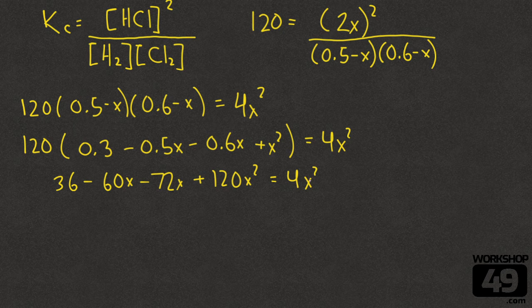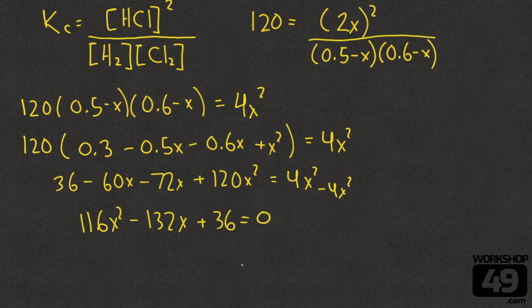Hopefully you see what's coming, because we're now going to subtract 4x squared and combine our like terms. We are going to turn this into a beautiful, beautiful little quadratic. Would you look at that? Now, if you've watched some of my videos on earlier math, I would work out this quadratic. I'm not going to plug this into the quadratic equation here today.